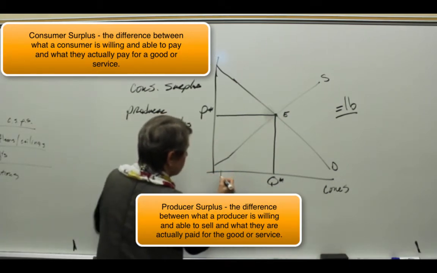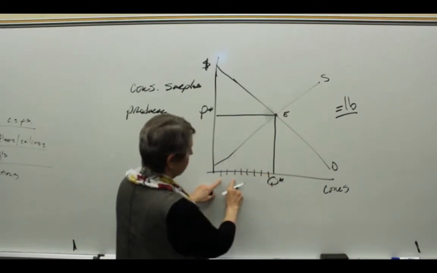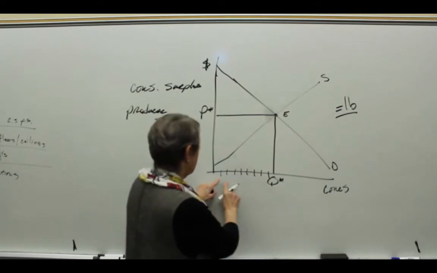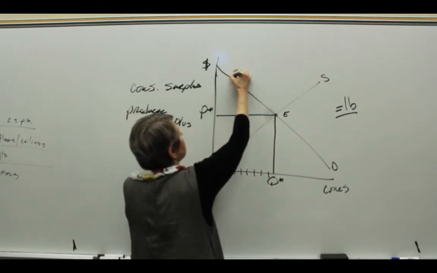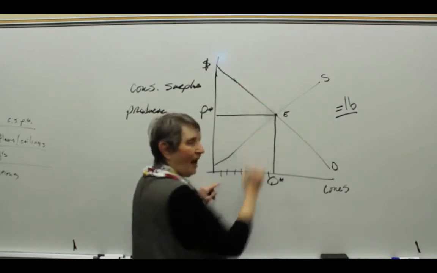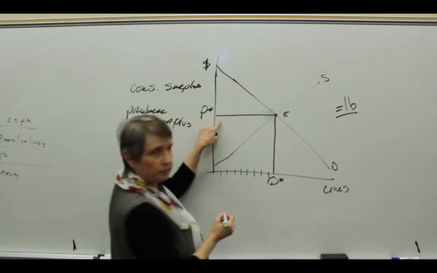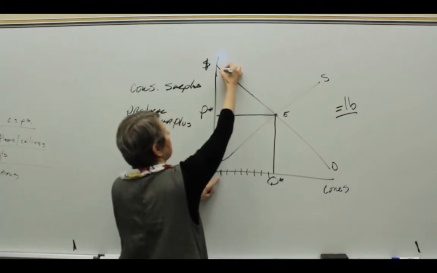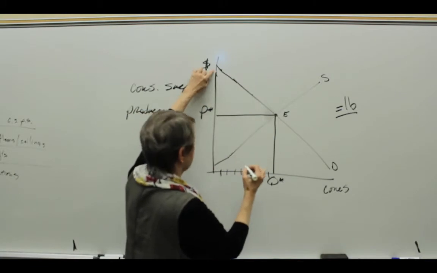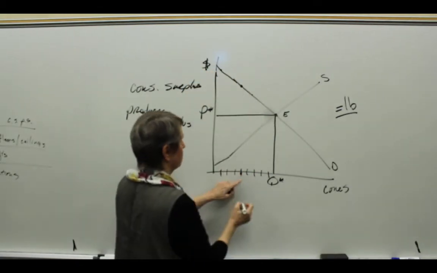Look at all of these ice cream cones here: 1, 2, 3, 4, up to Q star. Every one of these ice cream cones, consumers have said they're actually willing and able to pay a higher price than P star. This cone right here has a value to somebody way up here, that price. This cone here has a value to somebody at this price.